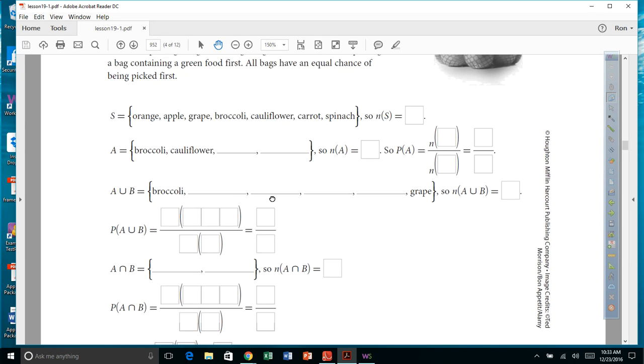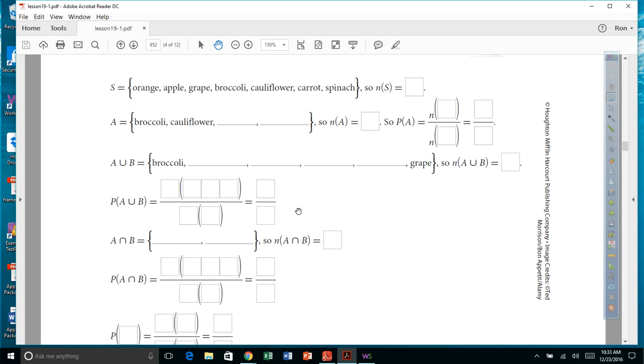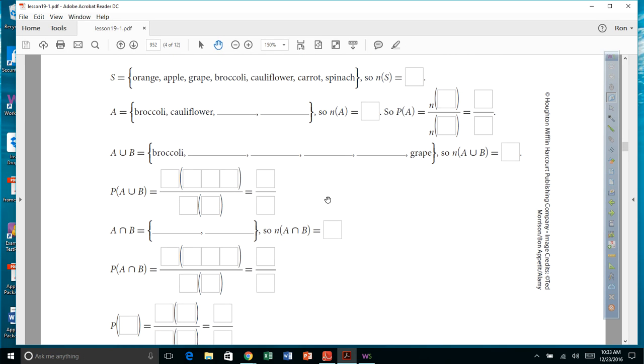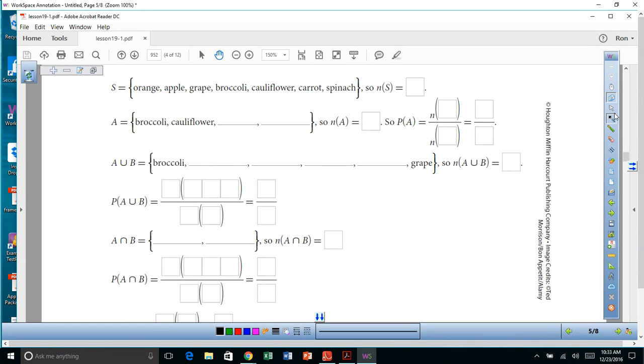So let's see. Your sample space is orange, apple, grape, broccoli, cauliflower, carrot, and spinach. So S equals 1, 2, 3, 4, 5, 6, 7. So the number is 7.